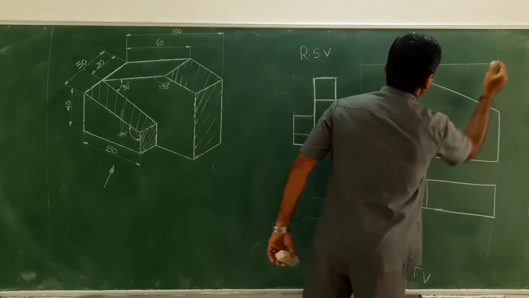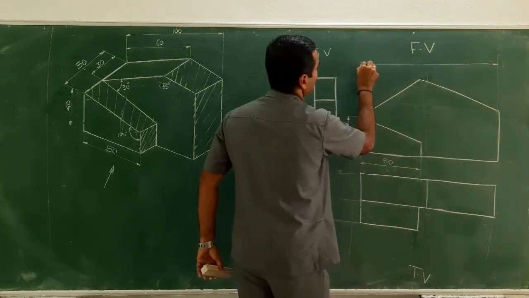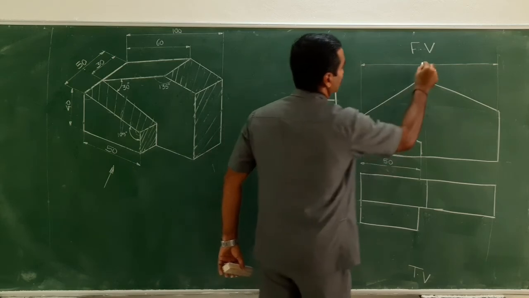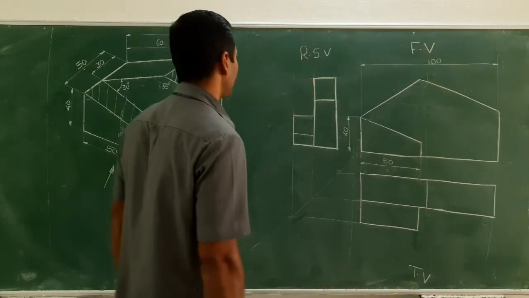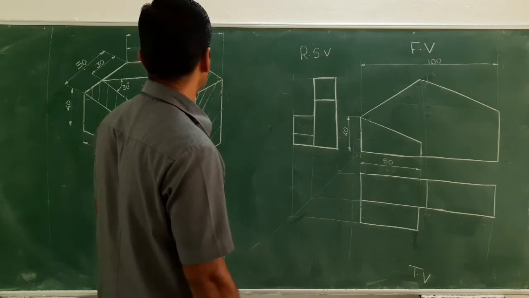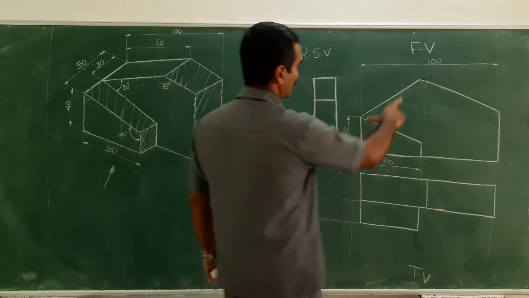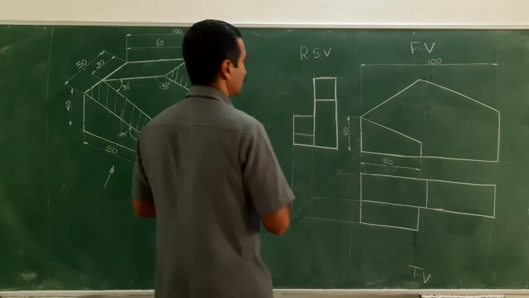The dimensioning line and projection line should be drawn by using 2H pencil. 100, and this particular portion is 60, right?